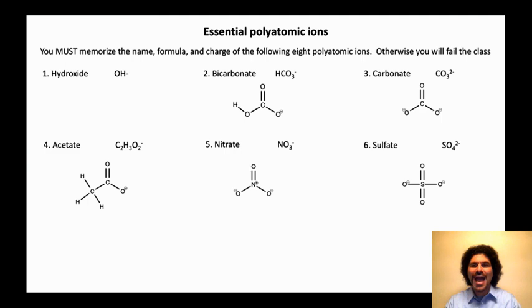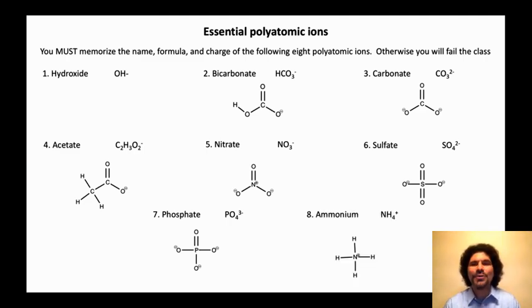Sulfur is the central atom bound to 4 oxygens and 2 of them are double bonds. Phosphate, PO4 3 minus. You see that there are 3 oxygens that have a negative charge, and phosphorus is the central atom. And then finally, ammonium you also met on the last slide.